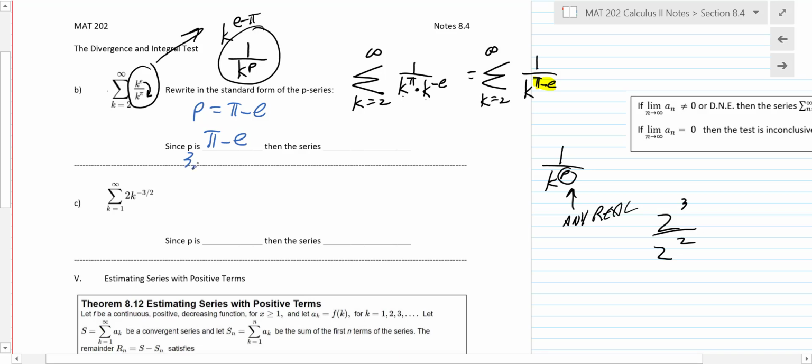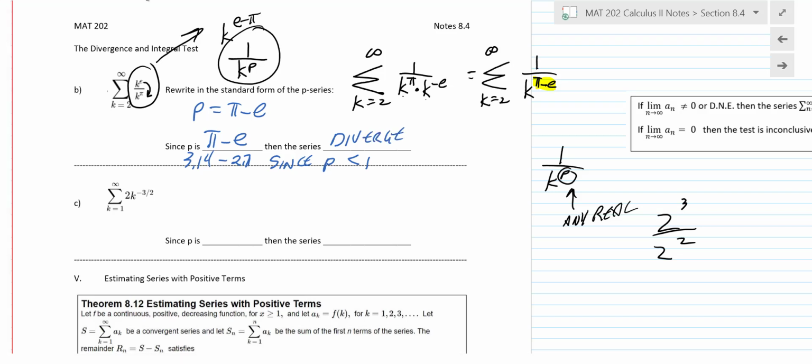Pi is about 3.14. What's e? It's about 2.7 something. So that looks like it's a little bit less than 1, right? So since p is less than 1, the series is going to diverge.